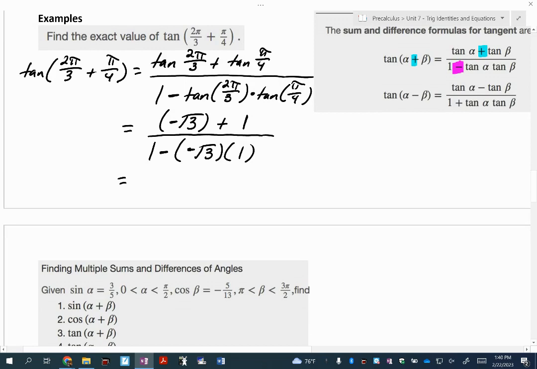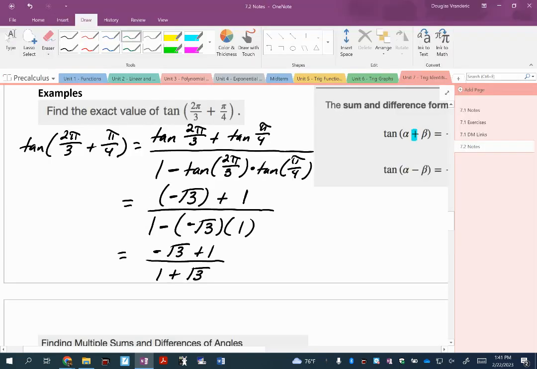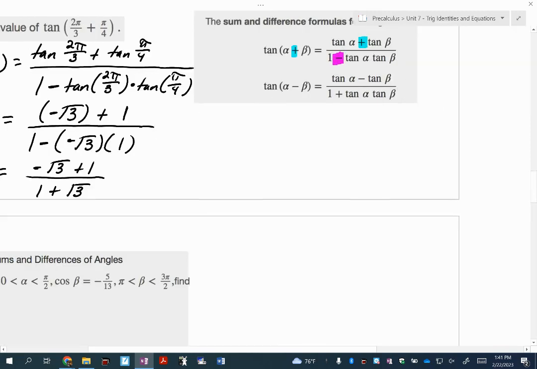So here's the answer. Negative square root of 3 plus 1 over 1 minus a negative, which is really addition. And if you wanted to leave it like this, that's fine. But I'm not going to leave a radical in the denominator personally. So I'm going to multiply the top and bottom by what we call the conjugate, which is 1 minus the square root of 3.